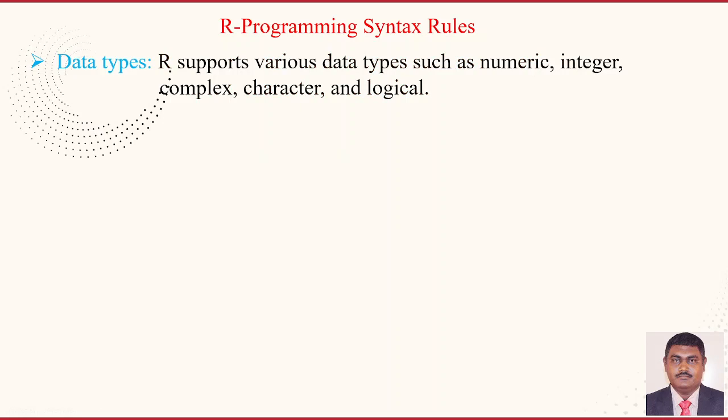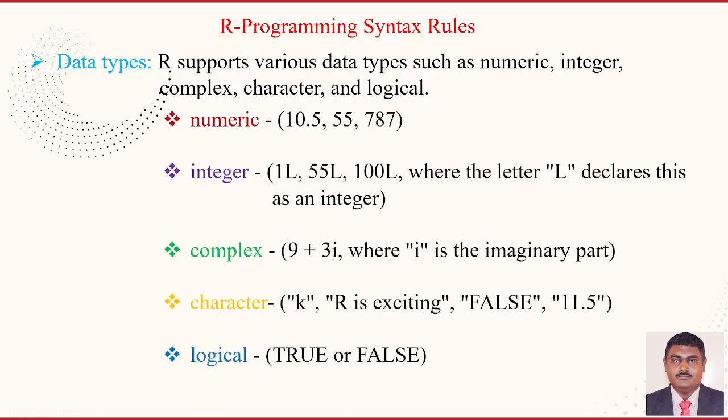What are the data types used in R programming? R supports various data types such as numeric, integer, complex, character, and logical. Numeric, we can represent numbers like 10.5 or 55, 787. All these come under the numeric data type.